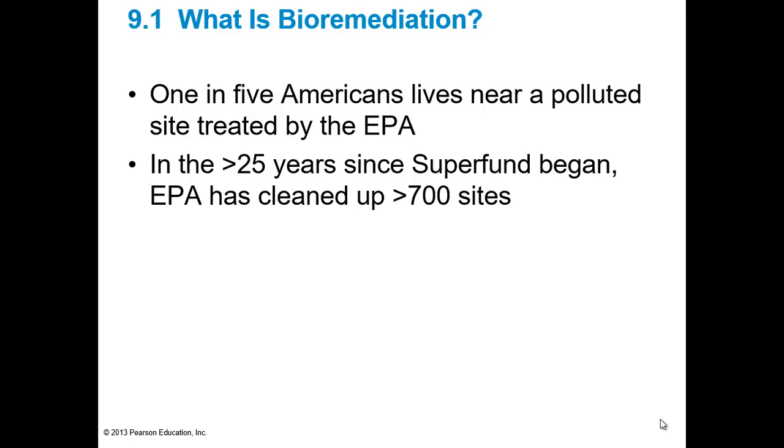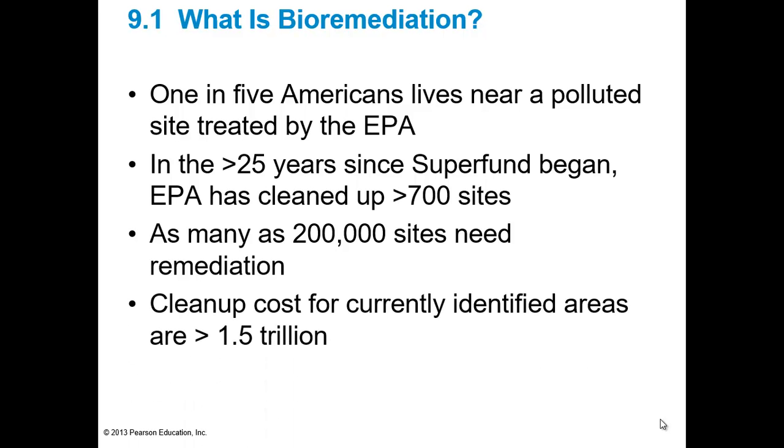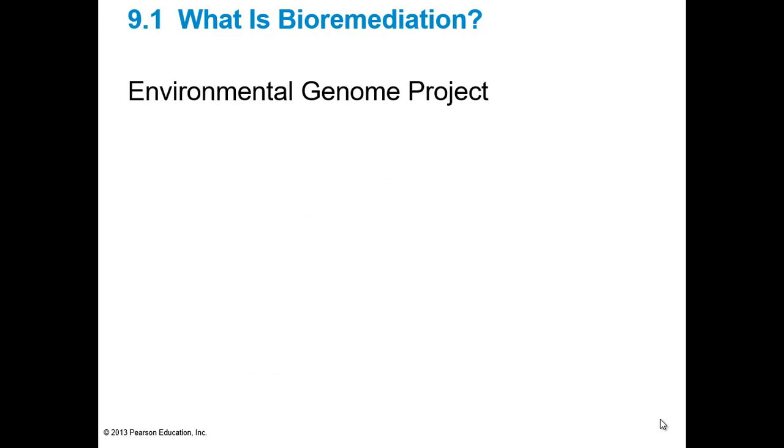The EPA has cleaned up more than 700 sites in the 25 years after Superfund, but there are still over 200,000 sites that need to be remediated. The cost is greater than what we would expect of the US government's budget per year. So it's going to take a long time to clean up these sites, and some of these sites will just not be cleaned up.